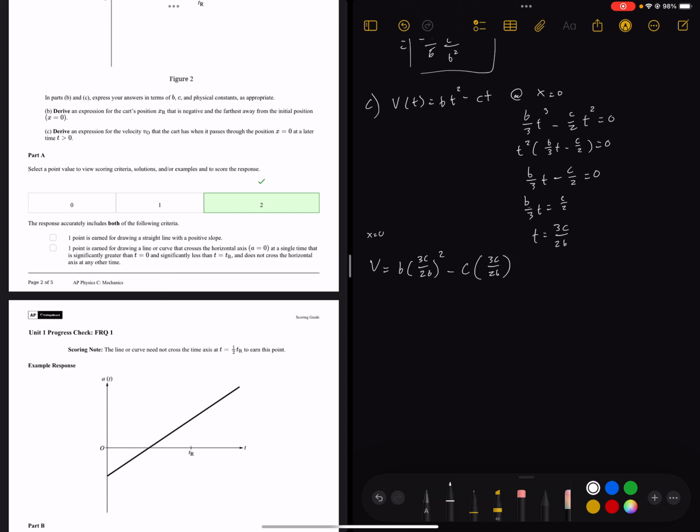So now when we do the math, what we should end up with is 9c squared over 4b squared, right?